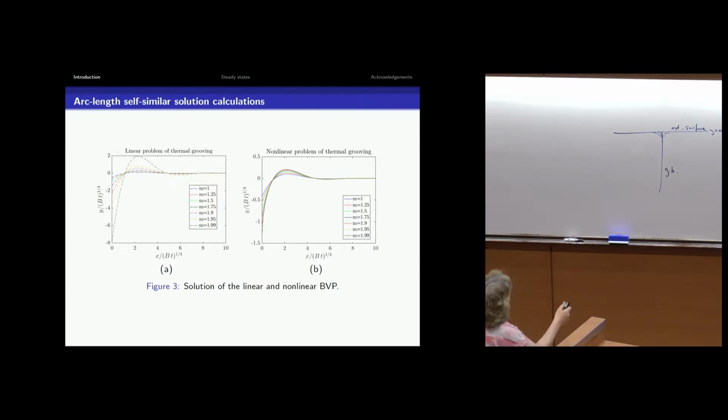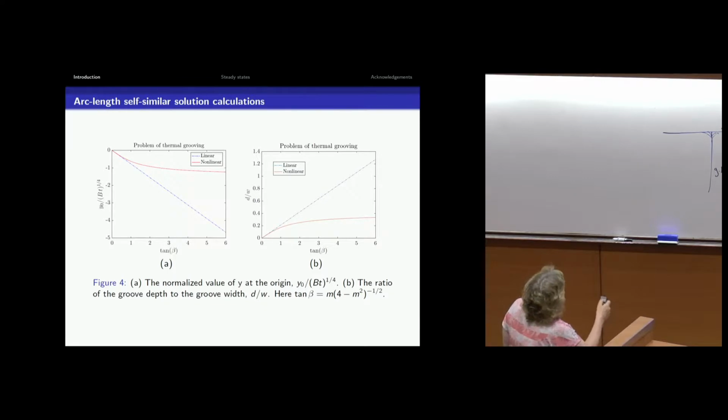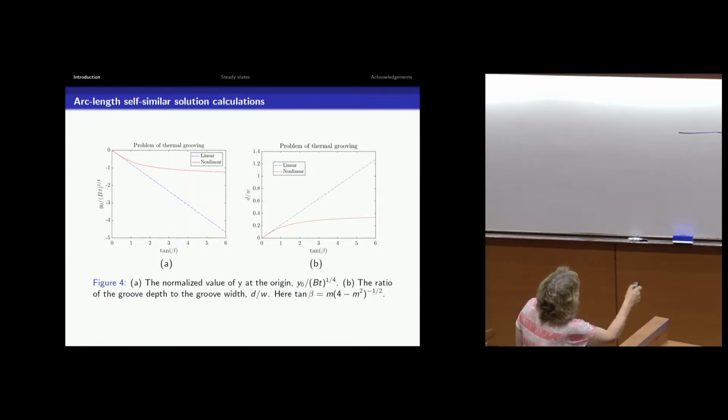In any case, one can also go ahead and look at the thermal grooving problem, and look at the depth as a function of this parameter. One can see that this gets much deeper for the linear problem, and for the nonlinear problem, this really looks like it's asymptoting to some finite limit.